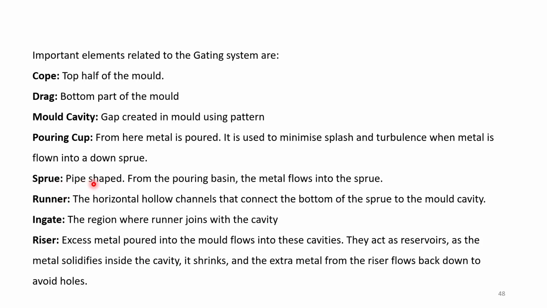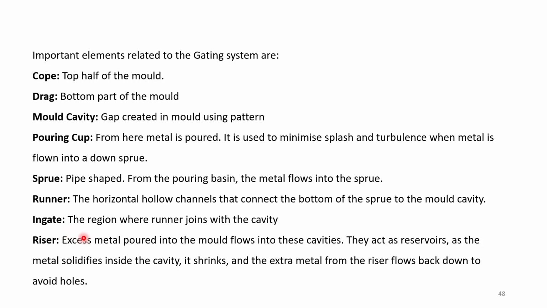Next you have sprue. It is pipe shaped, and from the pouring basin the molten metal flows into the sprue. Next you have runner. It is the horizontal hollow channel that connects the bottom of the sprue to the mold cavity. Next you have ingate. It is the region where the runner joins with the cavity.